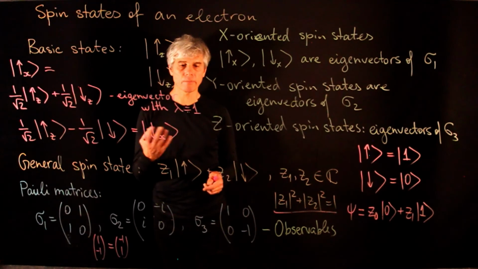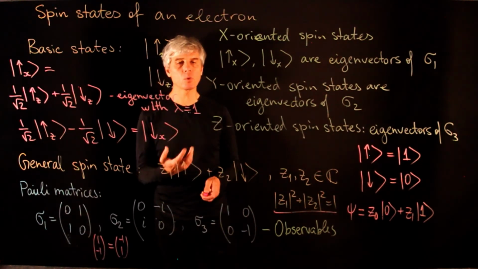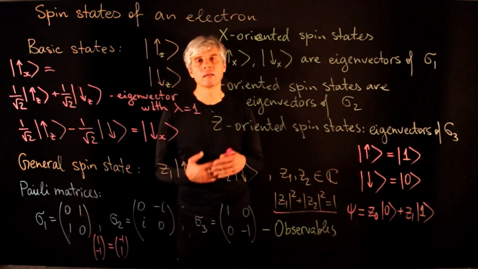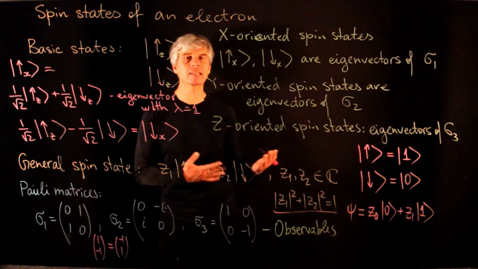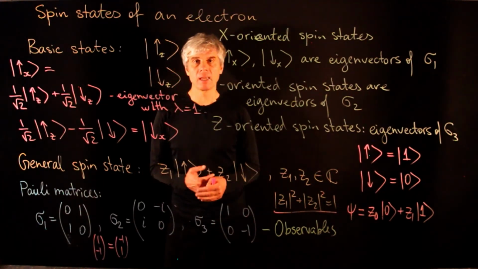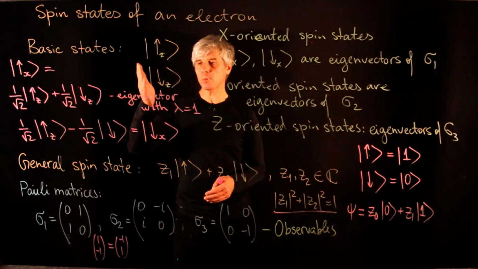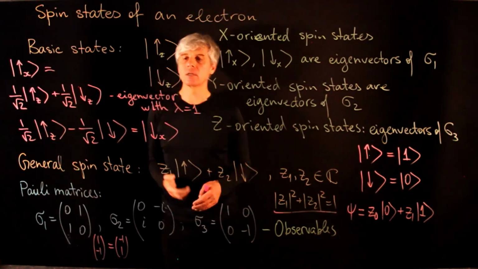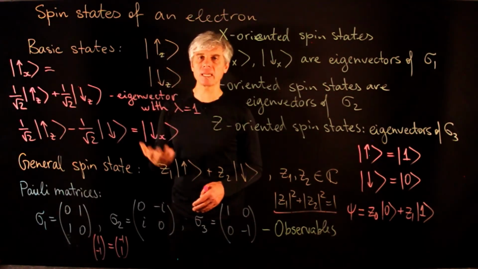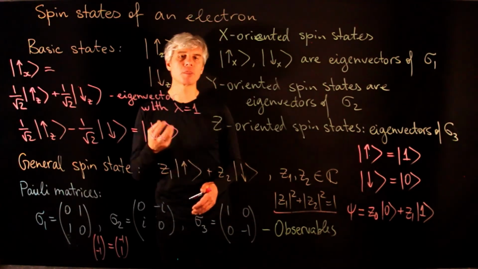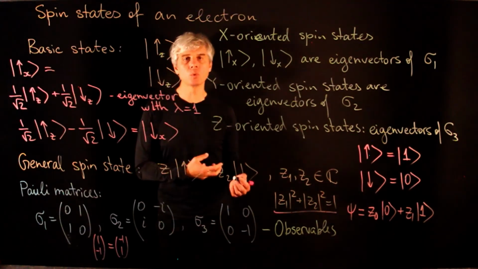The space of states for the nucleus of an atom is not two-dimensional, but finite dimensional, and what the dimension is depends on the atom. The observed values could be not just 1/2 and minus 1/2, but the spin of a nucleus could be 3/2 or 2 or 5/2.